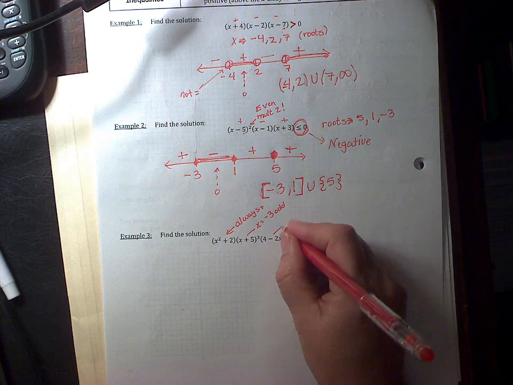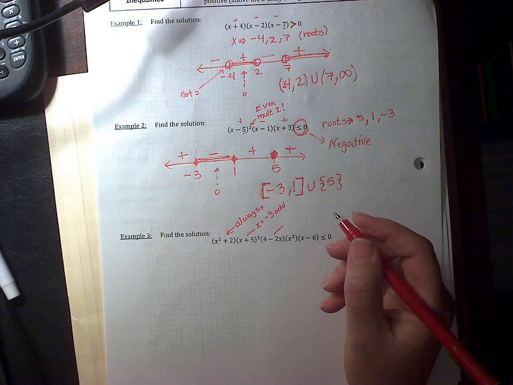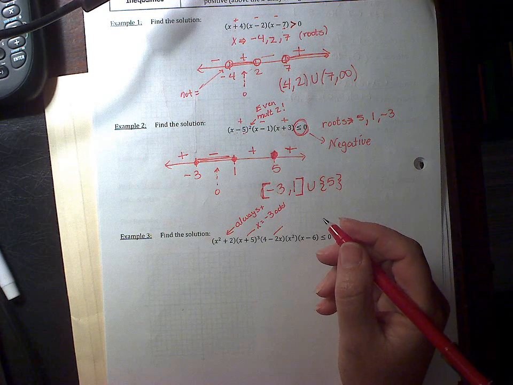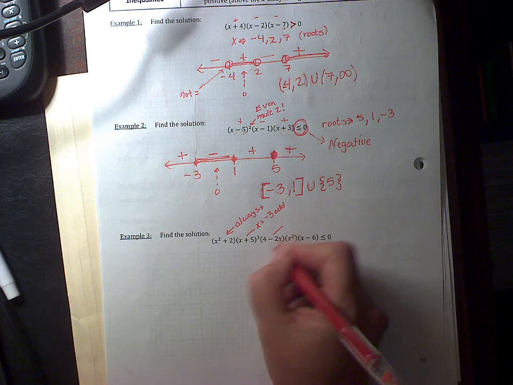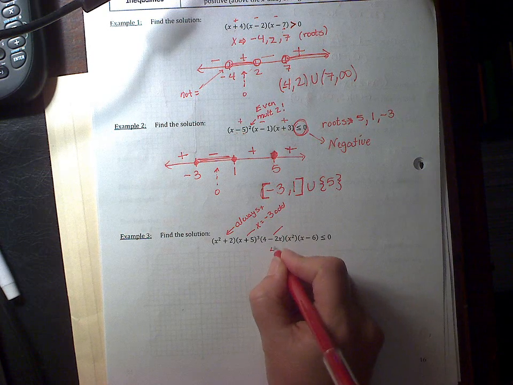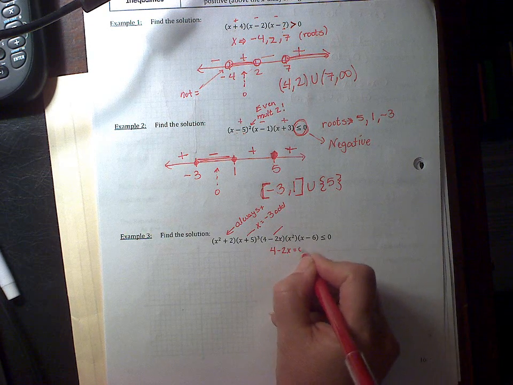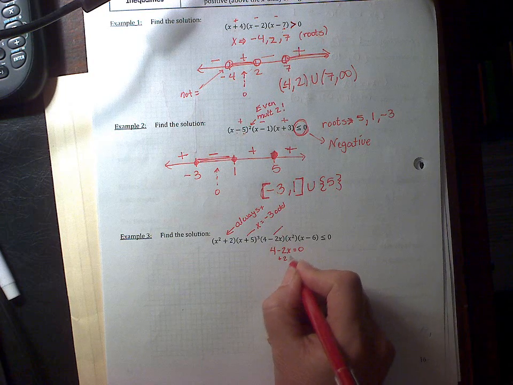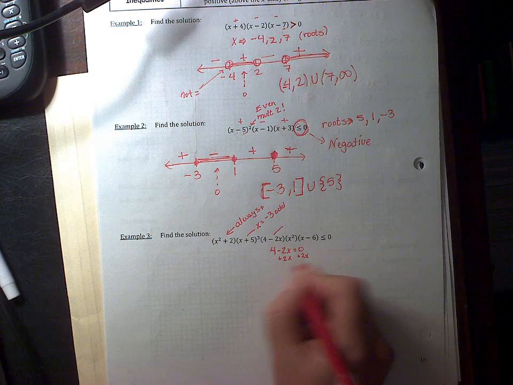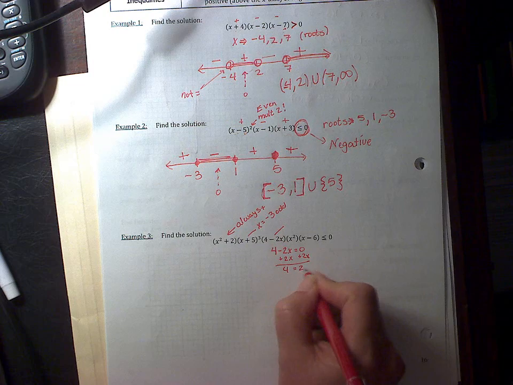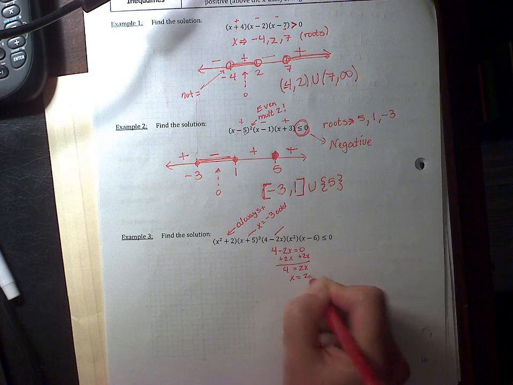This one's root, ooh, that's a tricky one. So what's your root there? If you set 4 minus 2x equal to 0, we could add the 2x to both sides. 4 equals 2x, and x would be 2.